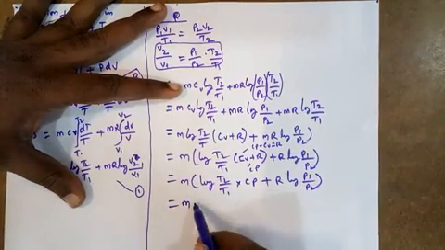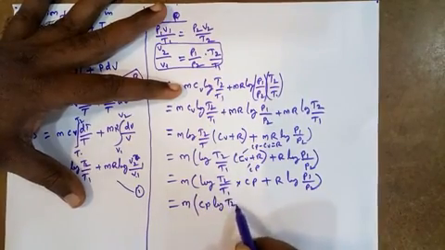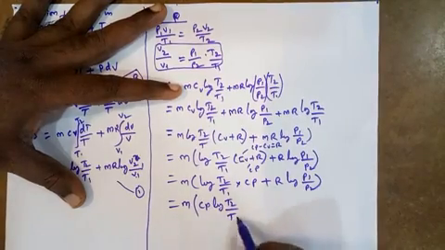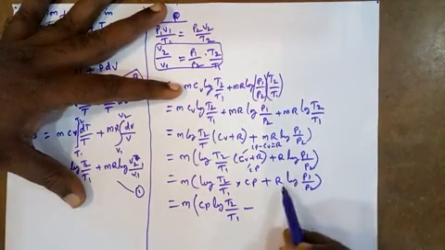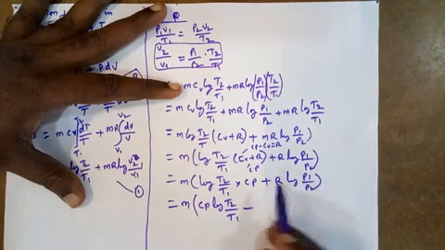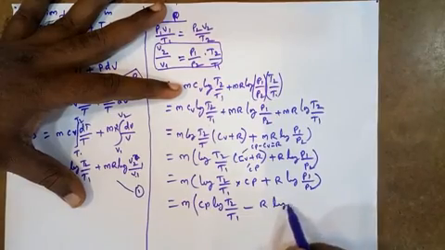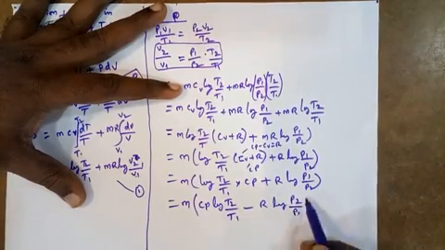You can modify this equation as Cp log T2 by T1 plus, by placing a minus sign, you can change R log P1 by P2 to minus R log P2 by P1.